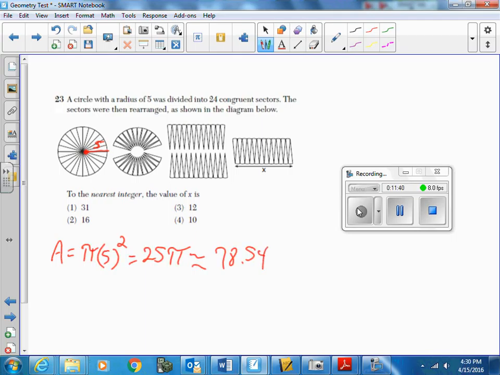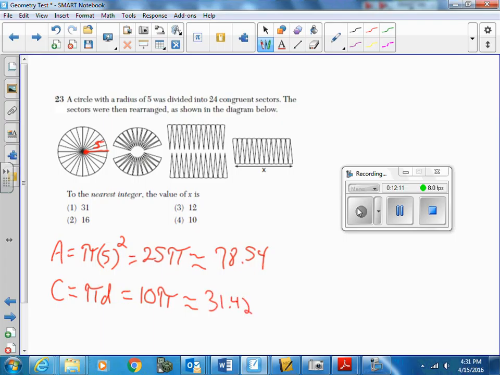I don't know if I'll even need that, but just write it down. Remember our circumference, one of the formulas is pi times d, where d is the diameter. Our diameter is 10, so it's really going to be 10 pi, which is approximately 31.42.